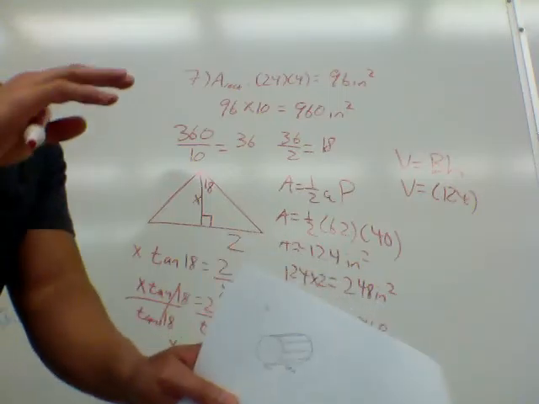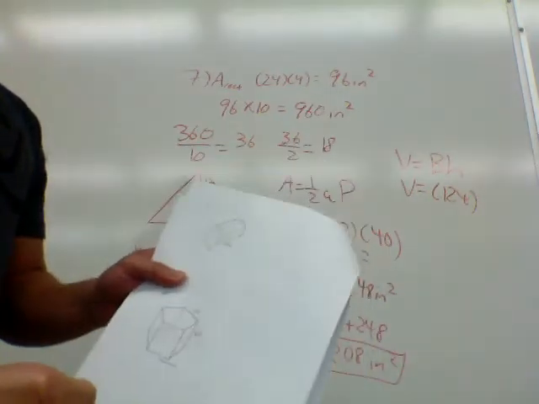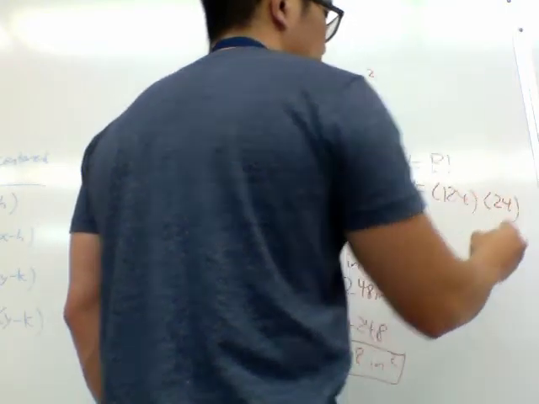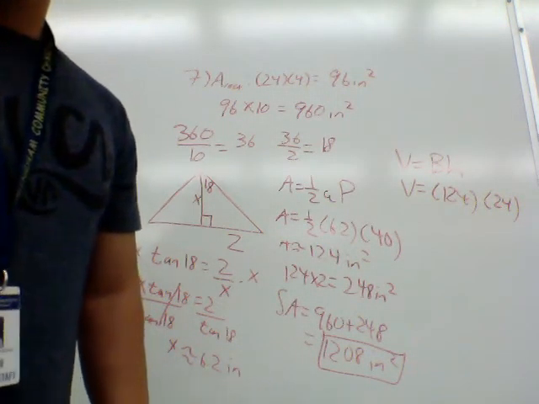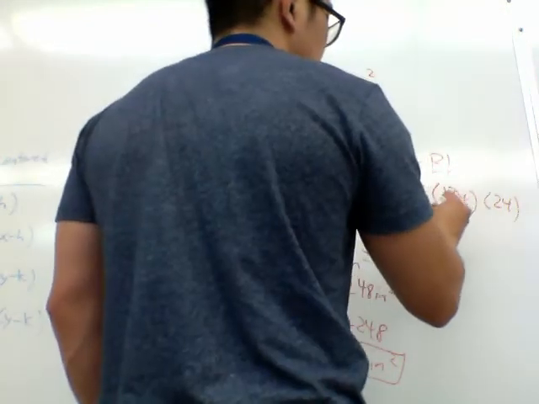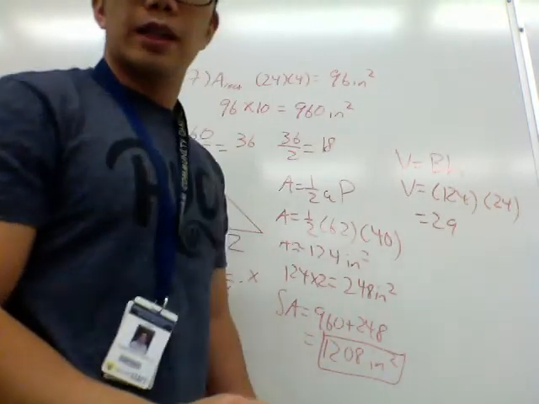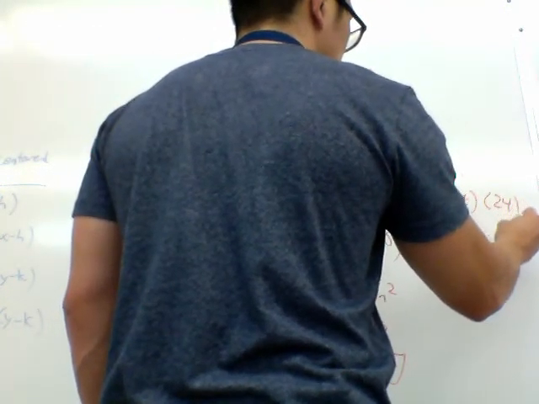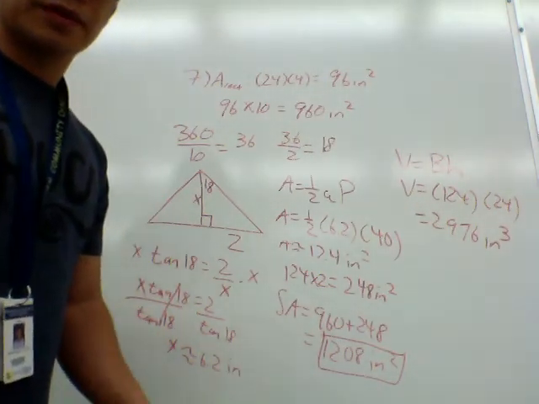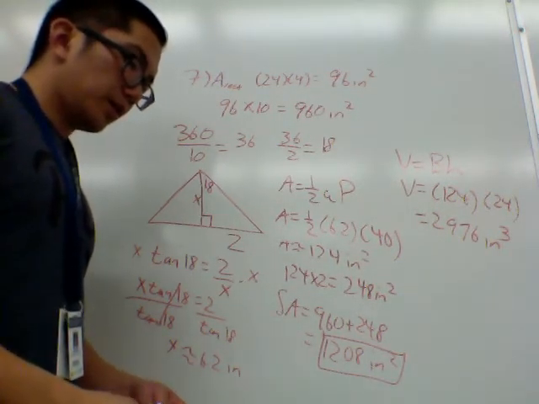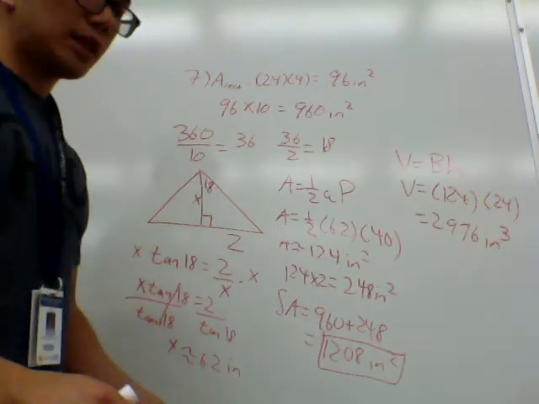Remember I said, turn the prism over so the decagon is on the bottom, and your height would be 24. Okay. So the volume is 124 times 24, and that gives me 2,976 inches cubed. So that's number 7.